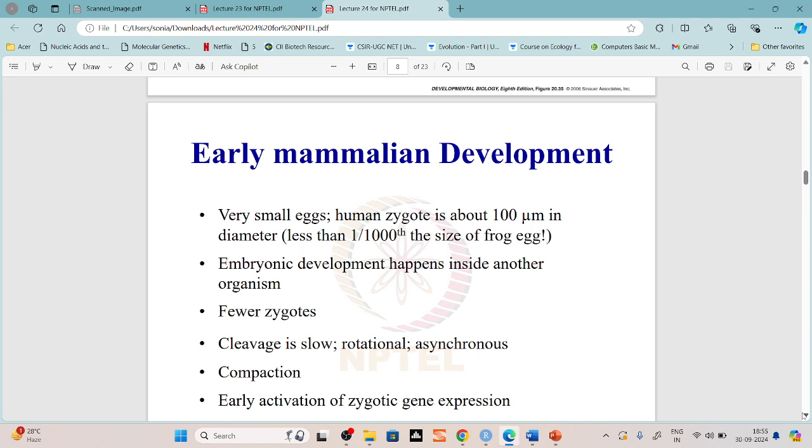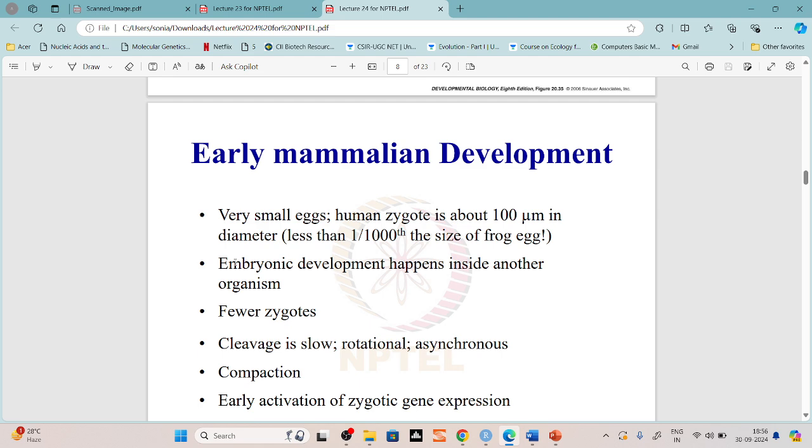So how does mammalian development differ from Drosophila or plant development? First point is that mammals have very small eggs. The human zygote is approximately 100 micrometers in diameter, which is less than 1 by 1000 the size of the frog egg. Embryonic development happens inside another organism.